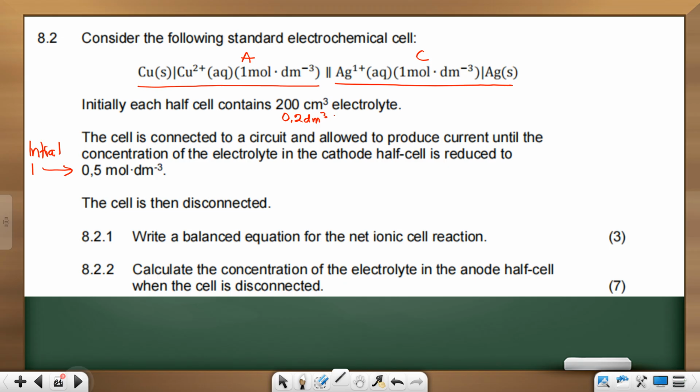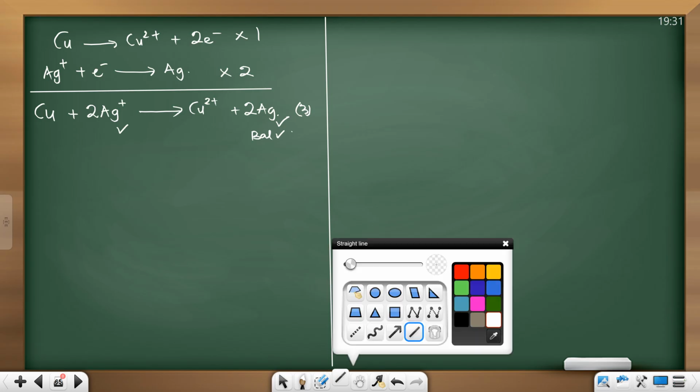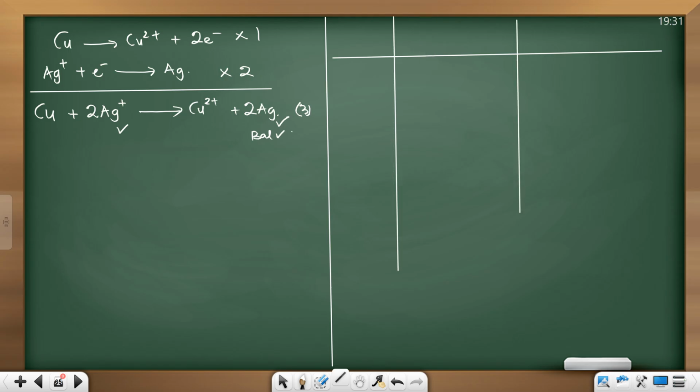Okay, let's try something. We're going to use kind of the molar ratio. We have the cathode and the anode, right? This one is the anode, and this is the cathode.